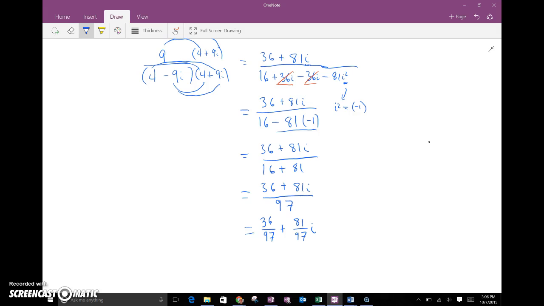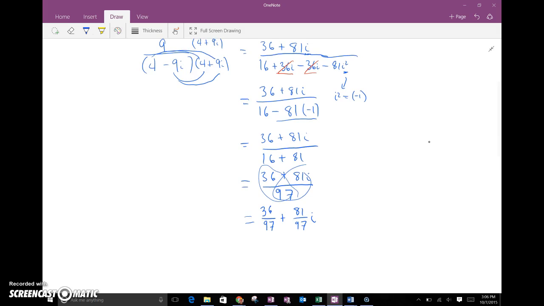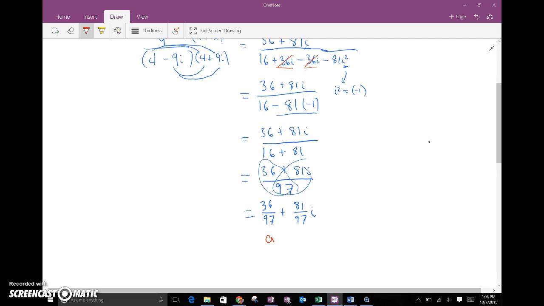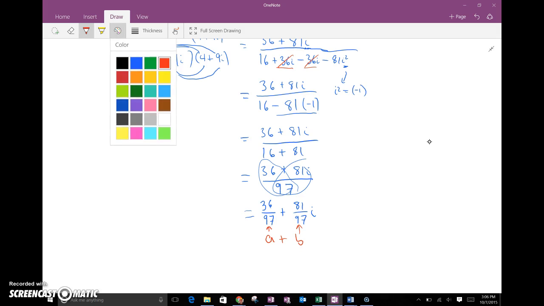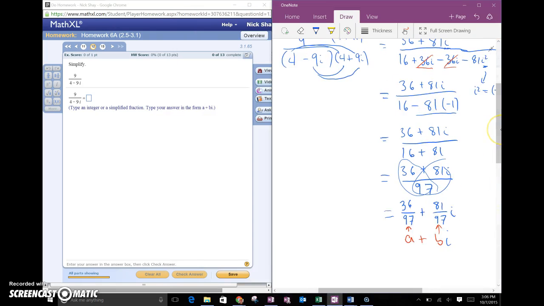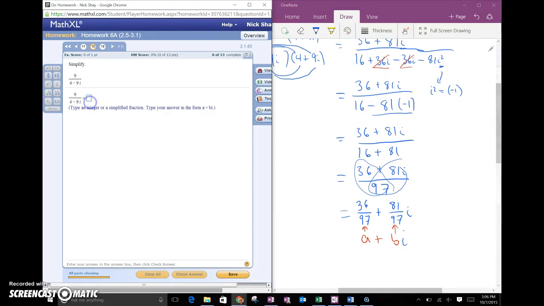So you see what we did there is we just took this and broke it up. And then what you can see here is this is where that a plus bi thing comes into place, because our number right here, the 36 over 97, that's our a, and then we have plus, the 81 over 97 is our b, and then we have our i hanging out at the end. So let's go ahead and put this answer in.